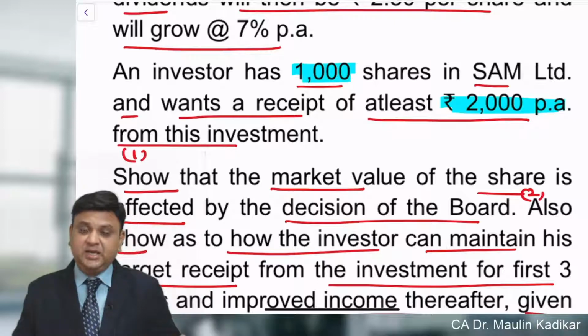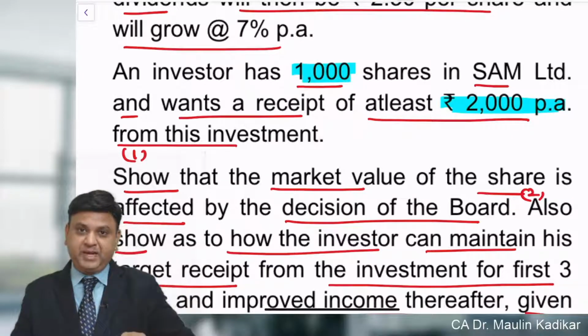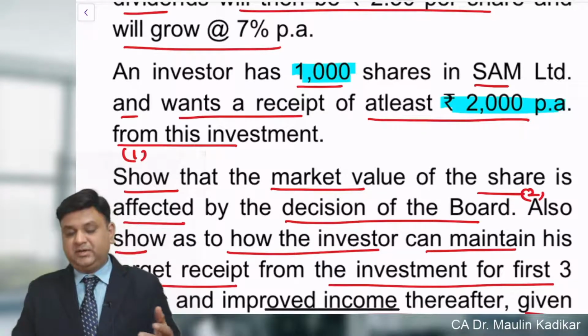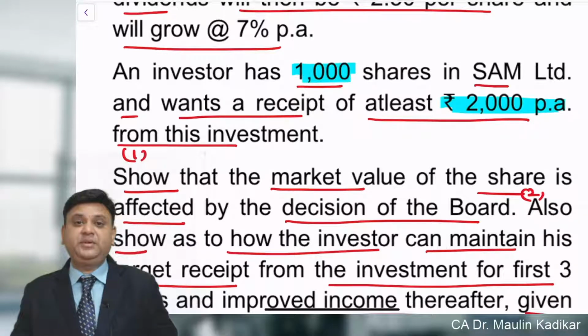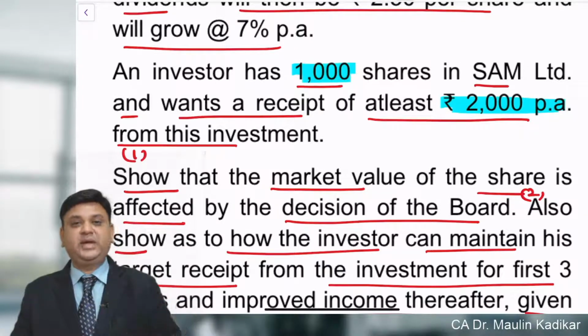But suddenly the company has announced that it will not pay dividend in the next 3 years. So how will the investor be able to maintain his targeted receipt of 2000? That is required to be answered by us.